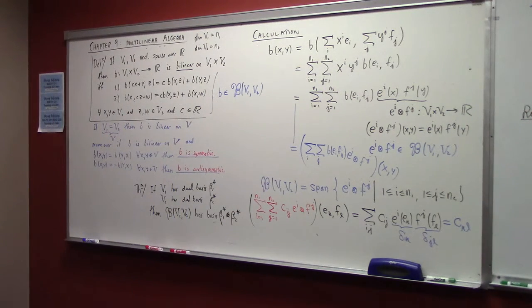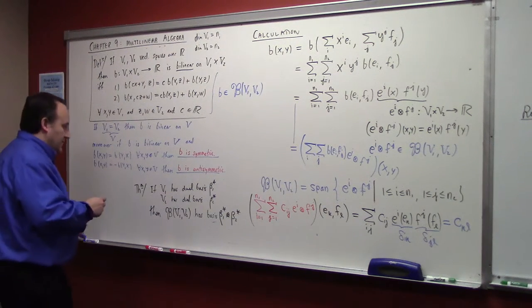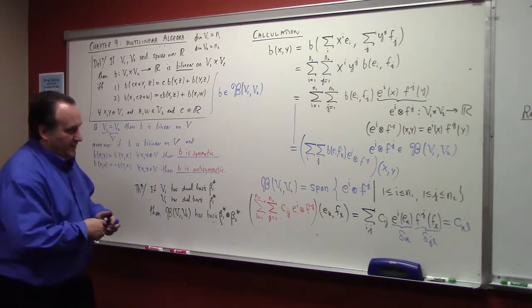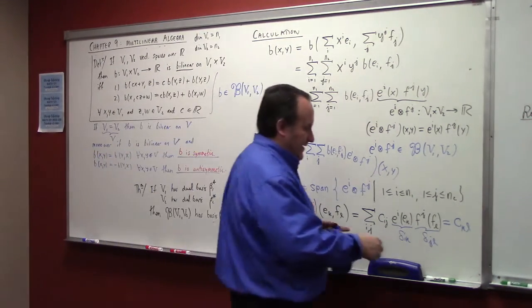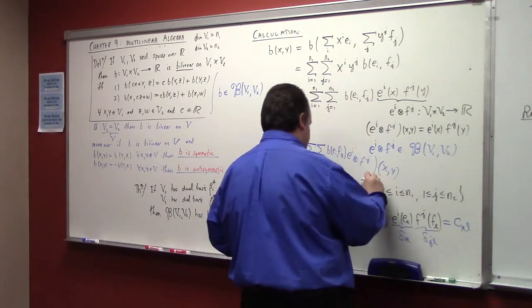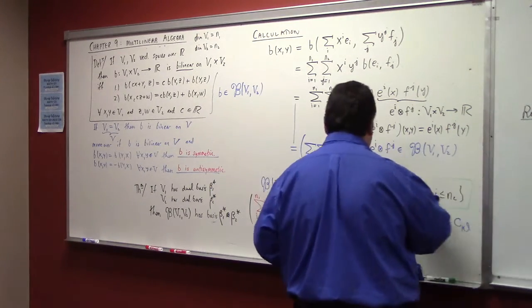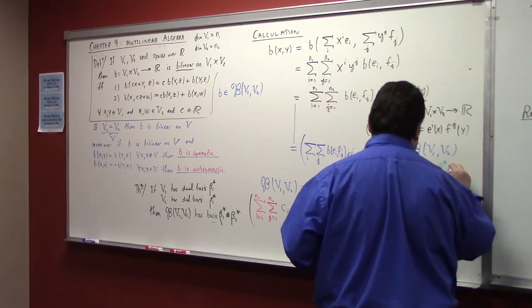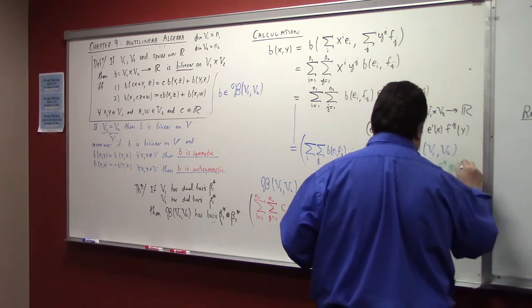I'm defining the tensor symbol for my convenience here. I'm not saying that's something people typically do. In fact, that may not be standard notation, but what I want to say is that this thing I wrote over here is what I would like to call beta 1 star tensor beta 2 star, if that makes sense.